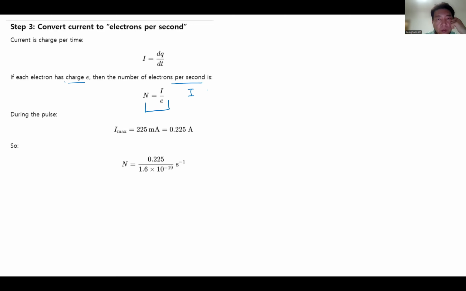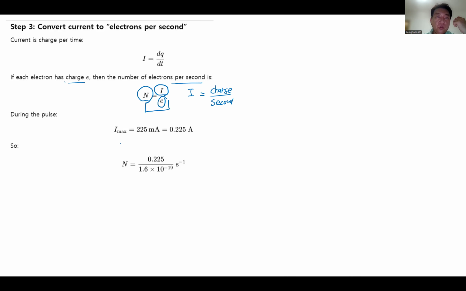I is a charge over second, or coulomb per second. And then the number of electrons per second is given by charge divided by the electron charge. If you have the current as charge per second, and you divide by the electron charge, then it becomes a number.